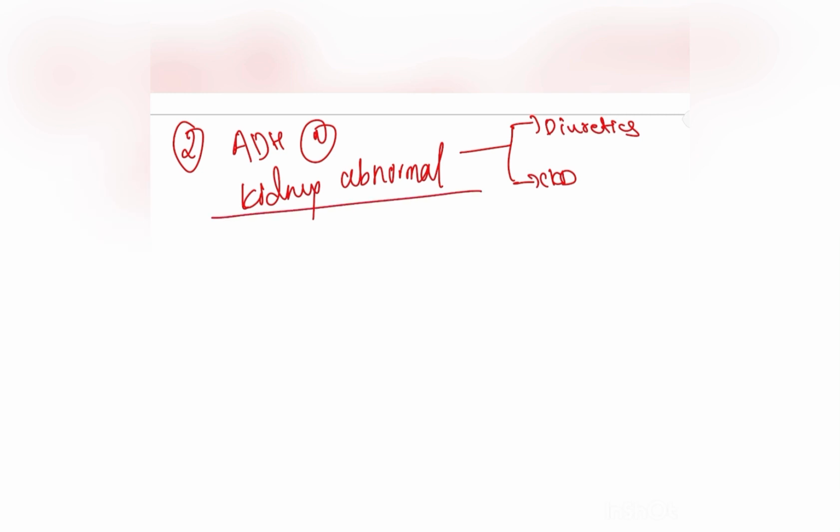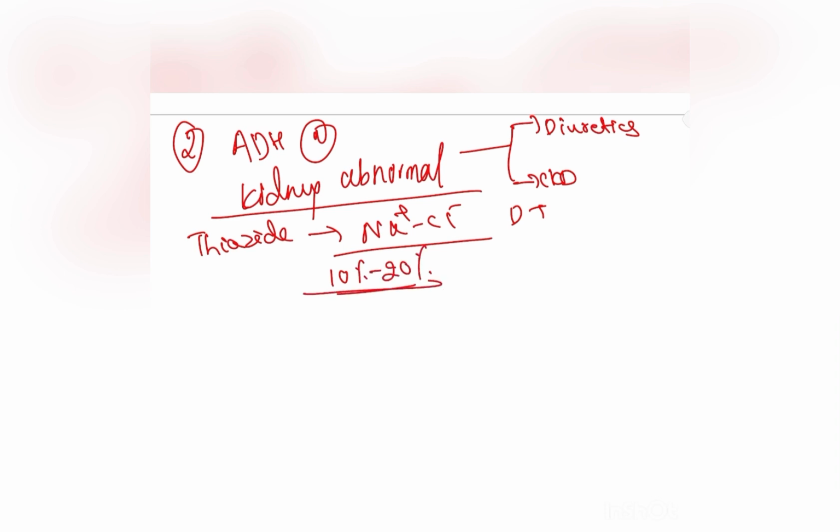Now, suppose the patient is on a thiazide diuretic. Thiazides act on the sodium chloride channel which is present on the distal tubule. When the sodium chloride channel is blocked, the 10 to 20% of sodium which is to be reabsorbed from the distal tubule is excreted.